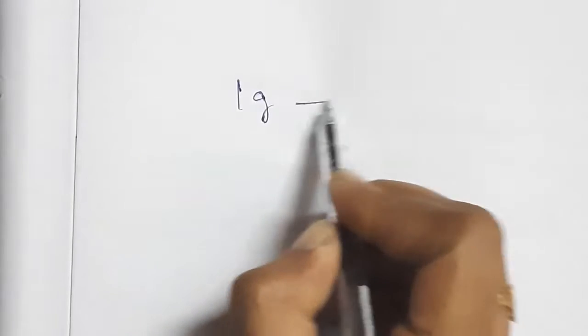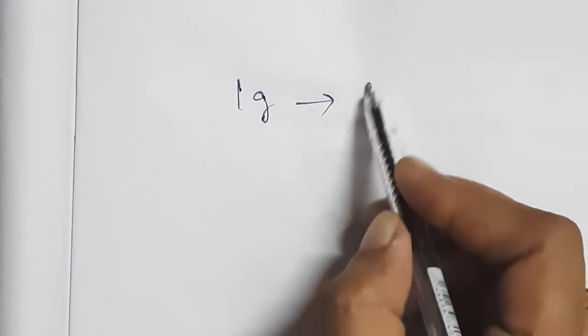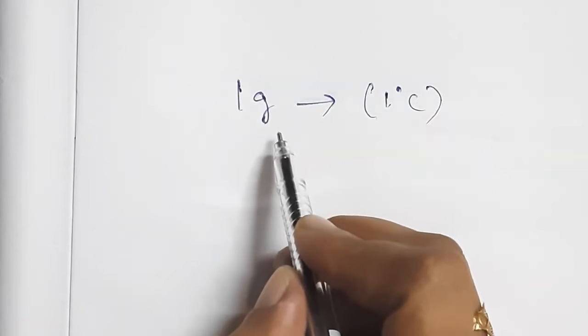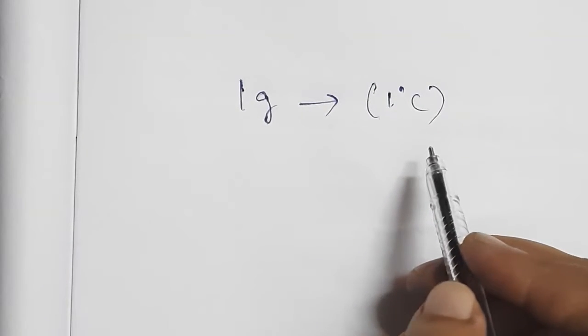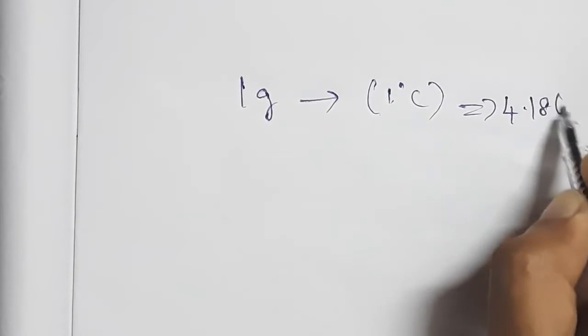He also did the calculation. He found that to raise the temperature of 1 gram of an object by 1 degree Celsius, the energy required is equal to 4.186 joule.